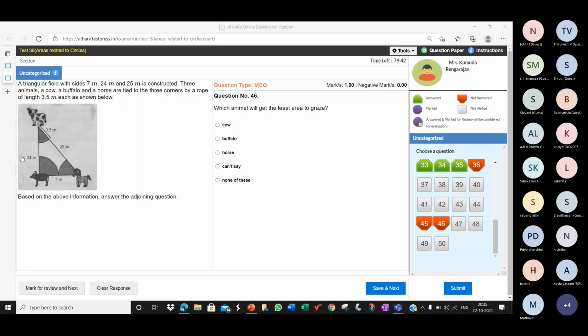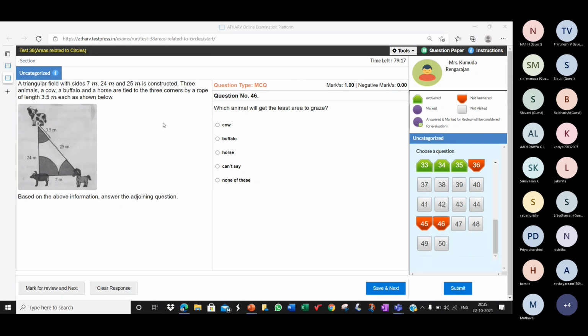Okay, so 7 meters is the shortest side in this triangle. So the angle opposite to that, angle A, is the smallest angle of the triangle. If that is the smallest angle, then the cow will get the least area to graze. Because all of them are tied with a rope which is 3.5 meters long, the length of the rope is the same everywhere.